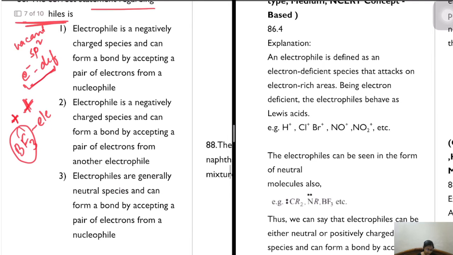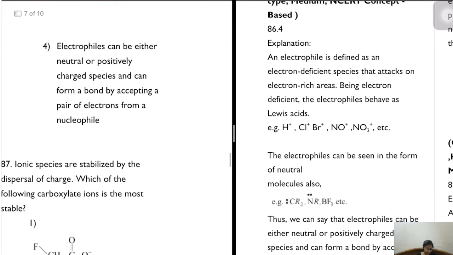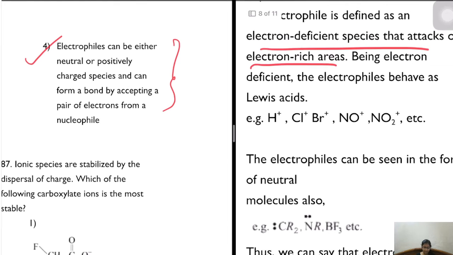Let's see the statements. Negatively charged, wrong. Here also negatively charged, wrong. Neutral species, totally neutral, no. They have positive as well. C, this is correct. This is an electron deficient species that attacks electron-rich species. Being electron deficient, electrophiles behave as Lewis acids.